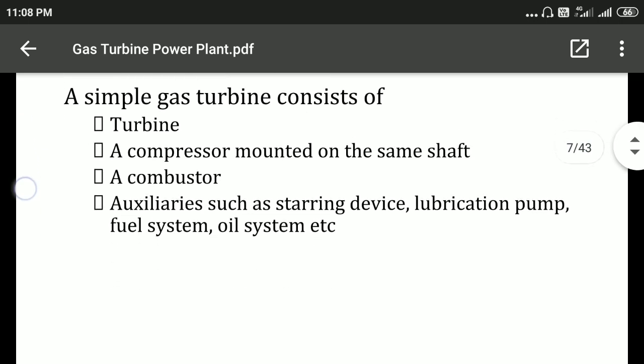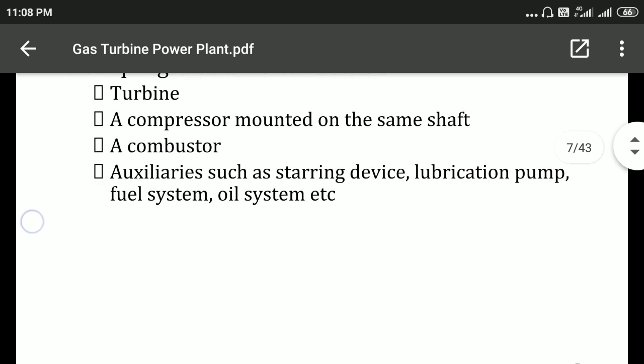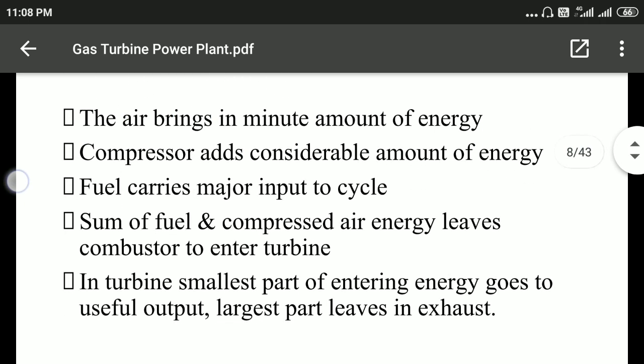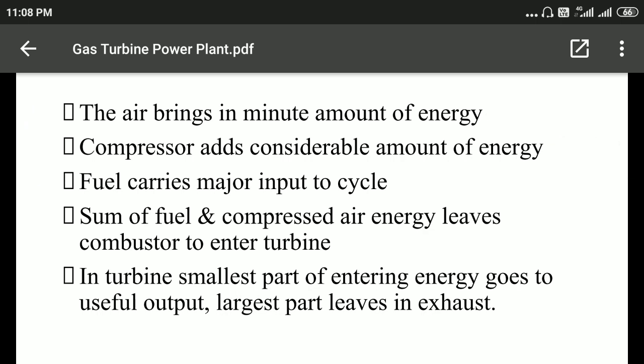The simple gas turbine consists of the components we have already studied, plus auxiliaries such as the starting device, lubricating pump, fuel pump, and oil pump. Now the energy flow: as in the above diagram, the air brings in a minute amount of energy, and the compressor adds a considerable amount of energy. The air coming into the compressor is at atmospheric pressure, so the compressor increases its pressure, which means adding energy.